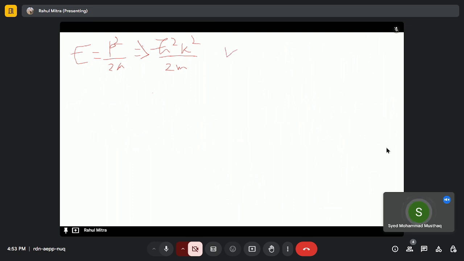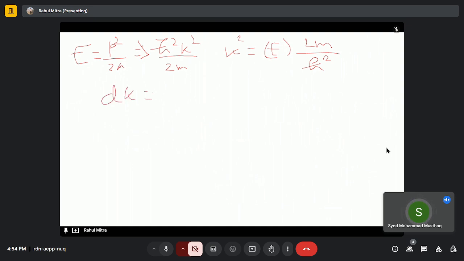Now again, what is k squared? Now everything we have to represent in terms of E, because we want everything in terms of the real space, right? So in terms of energy values. So what is k squared? k squared will be E times 2m by h cut squared. Now what about dk?